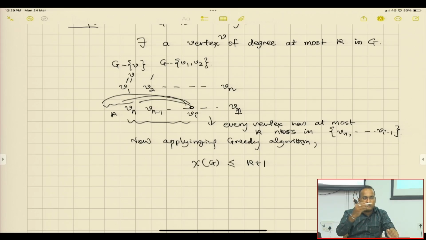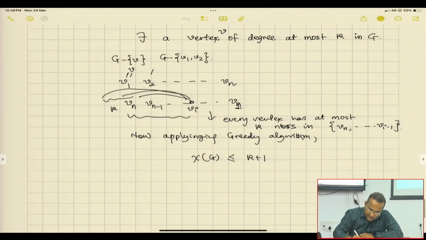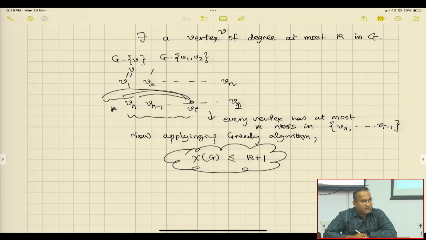Now you reverse this ordering. If you go from left to right, any vertex vi is going to have at most k neighbors which have appeared before it. So applying the greedy algorithm, we can say that chi of G is at most k plus 1.